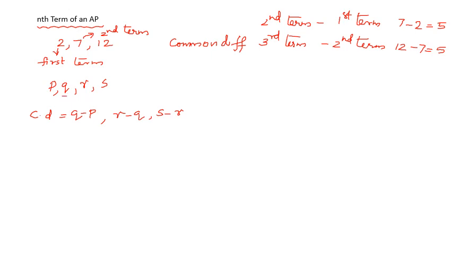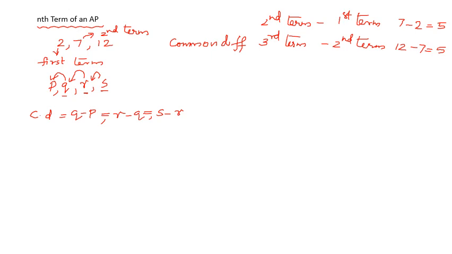Second term is Q, so it should be Q minus P. If you take R, then it will be R minus Q. If you take S, it will be S minus R. All these will be equal: Q minus P equals R minus Q equals S minus R. Is this clear to all of you? This is what you have to understand about the first term and the common difference.